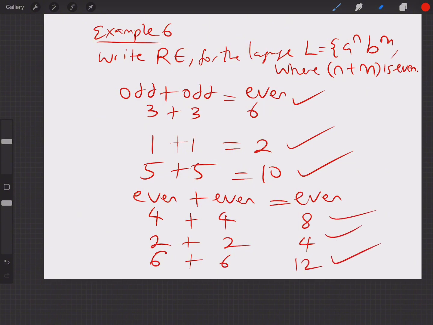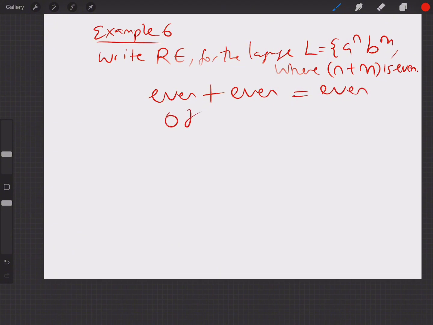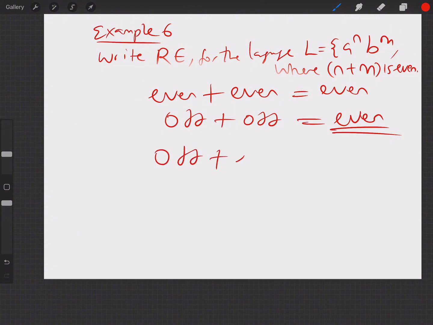So the law that must be fulfilled is this: even plus even is even. Odd plus odd is, sorry, it's even also. Yeah, it's even. What makes an odd combination? When we have odd plus even, you have odd.